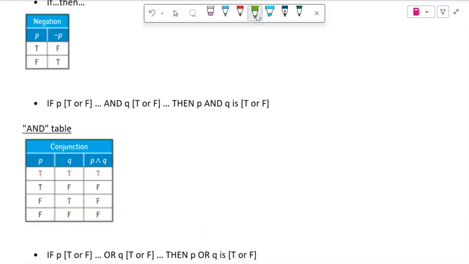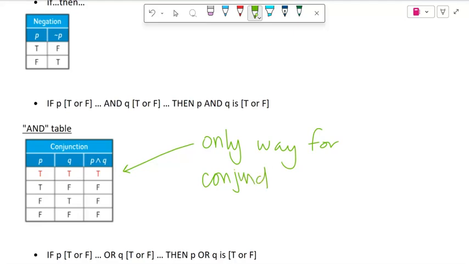So after you write this table, just go ahead and make a note of that. Only way for a conjunction to be true is for both statements to be true.